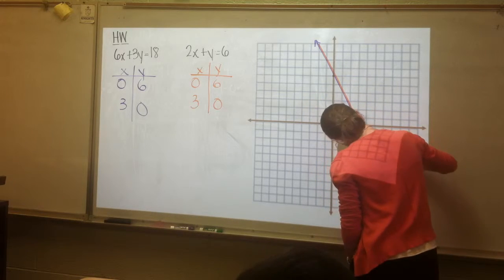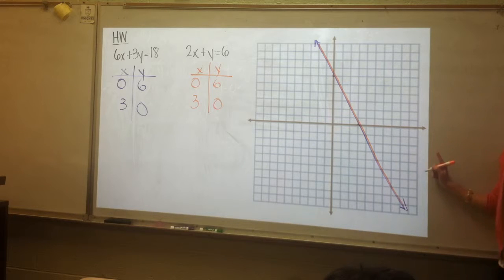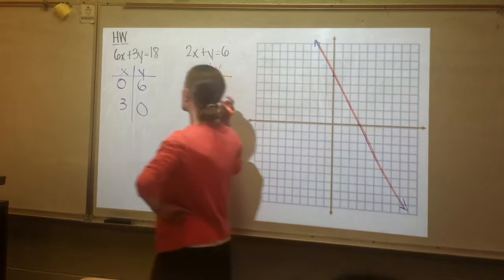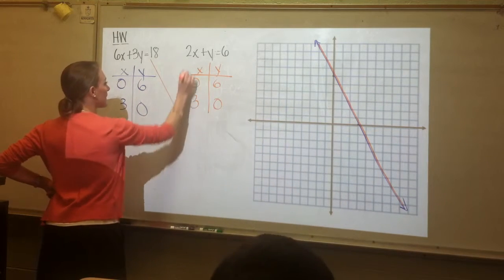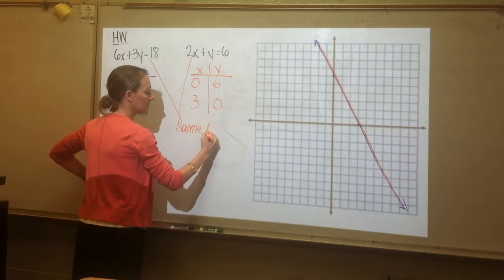Yes. So, if my lines are laying on top of each other, how many common solutions are they going to have? Every common solution. Okay, so how many? So, watch. These are the same line.